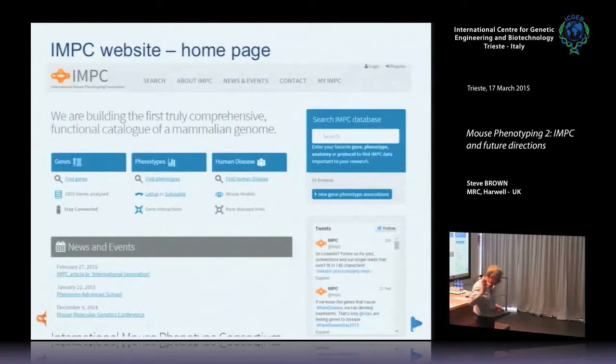So you'll have already seen this because you worked on it yesterday with Hugh, but I want to remind you again what you can really go and get from IMPC.